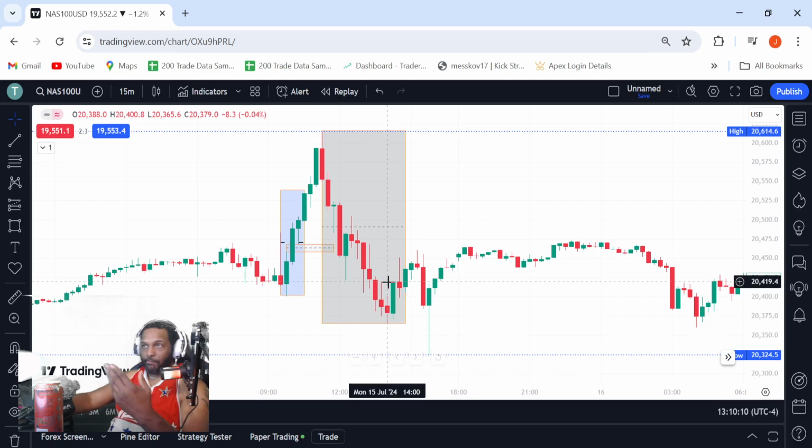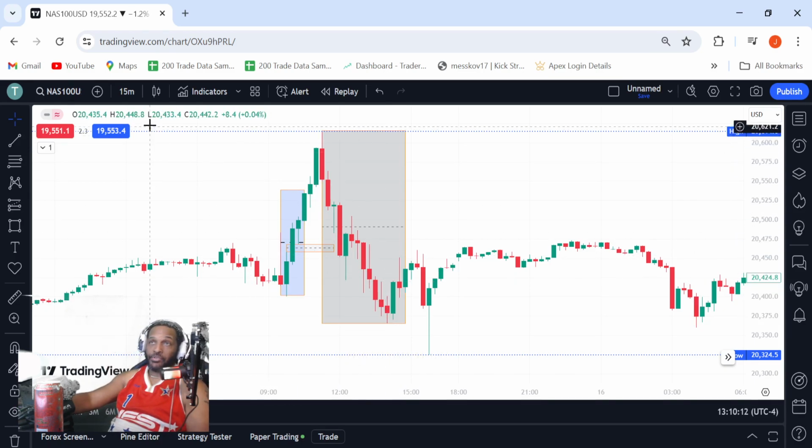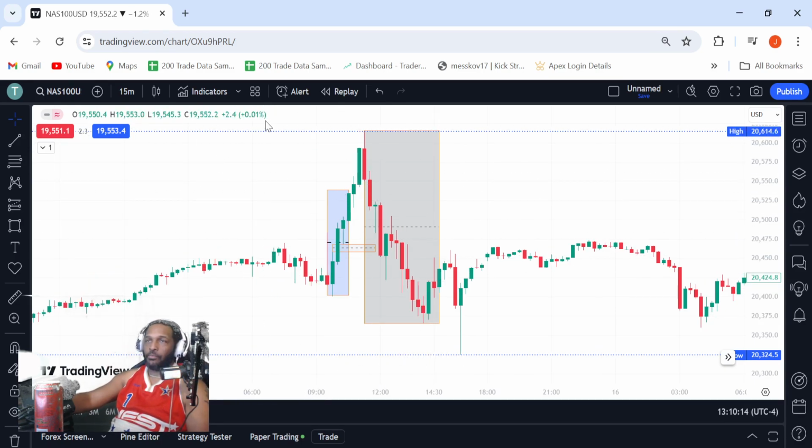Maybe there was some buy side liquidity, and if I'm just looking at the 15-minute, and we can zoom out, we can go back and then zoom out to see, but maybe there was a reason for liquidity to be sought last Monday morning and then run short.